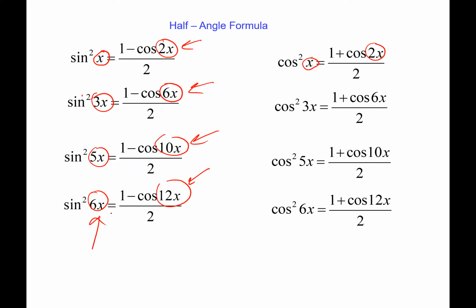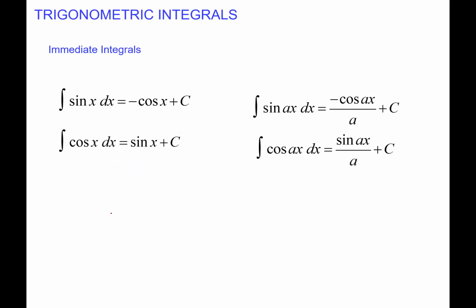Before we start integrating, I have just the basic integrals from calculus 1. Integral of sine of x dx, yeah, it's negative cosine of x. Integral of cosine of x is just sine of x. We probably always have to take a few more seconds to integrate this, because it's so easy to mix this up with the derivatives.